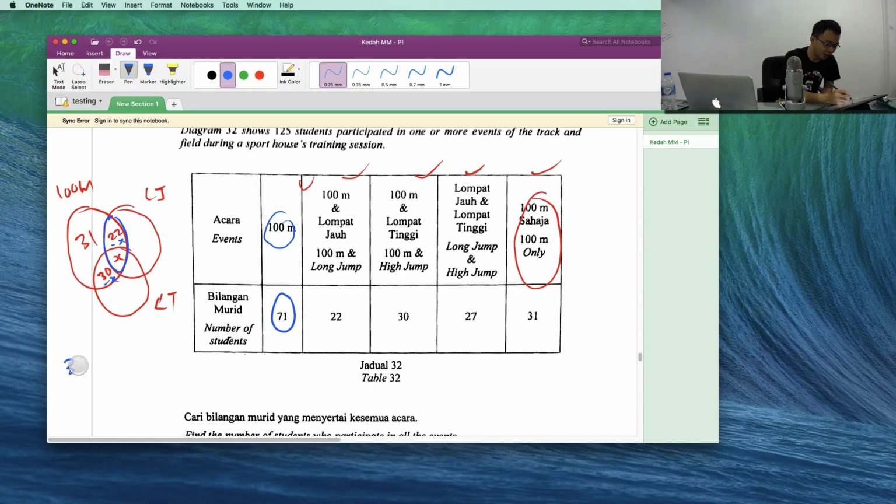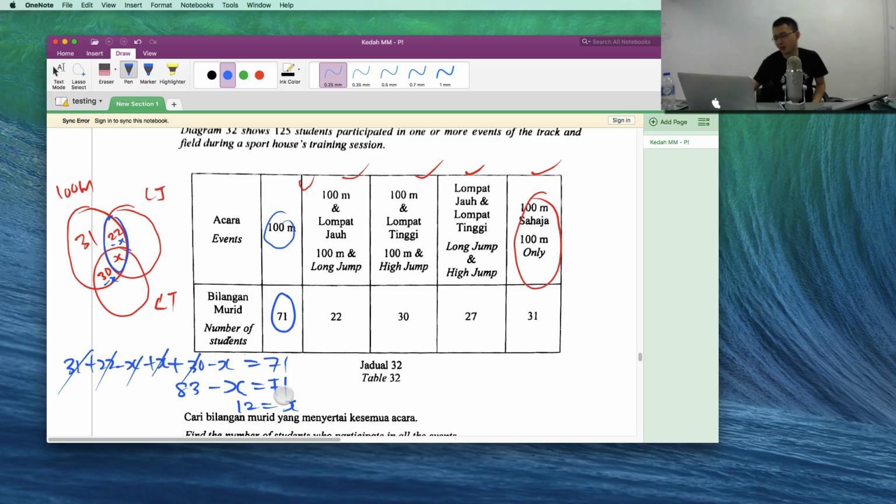So 31 plus 22 minus x plus 30 minus x equals 71. 31 plus 22 plus 30 is 83, so 83 minus x equals 71. So x is equal to 83 minus 71, which is 12. So the answer will be 12.